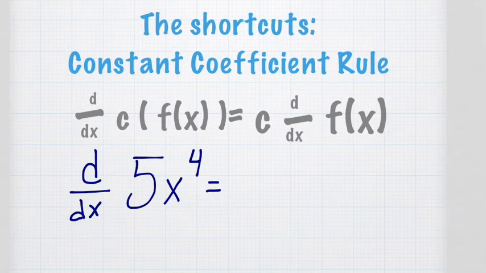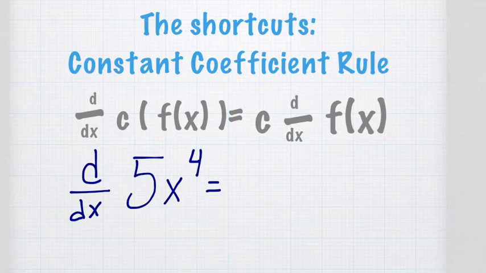As far as the constant coefficient rule goes, basically what that says is if you have a function with a constant, you can pull that constant out and then multiply it, and it will still end up with the same value, okay?